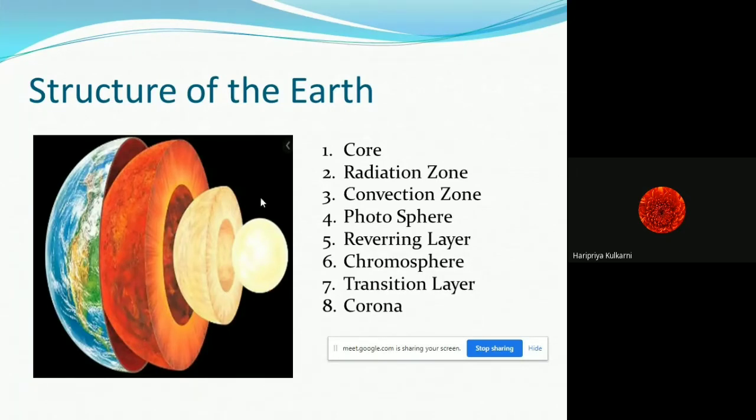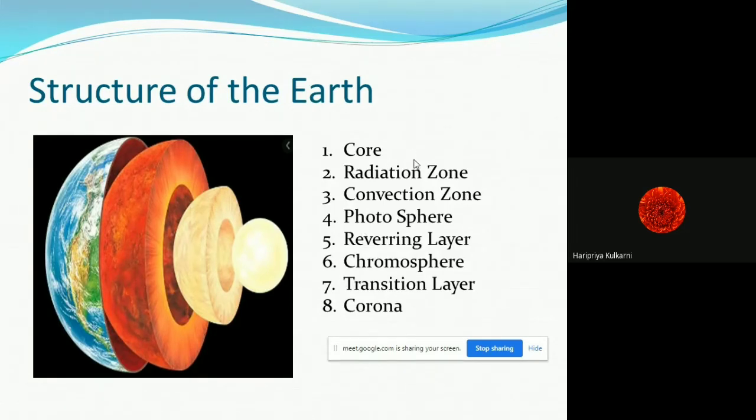The third layer is the convection zone, where the temperature is about 7000 K and radiation is difficult, so the convection method is used for the transfer of energy. The fourth layer is the photosphere, which is the visible region where the sun rays are visible. It is a thick layer, and the temperature is 5800 K.